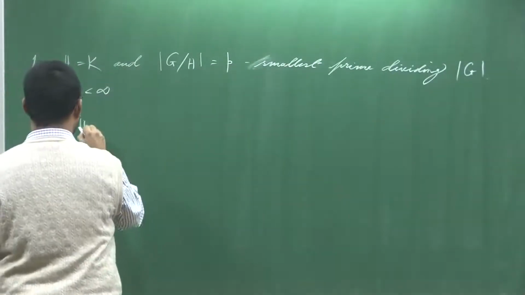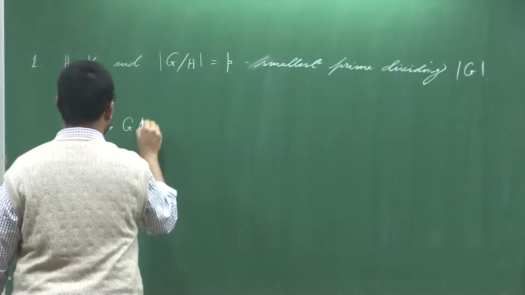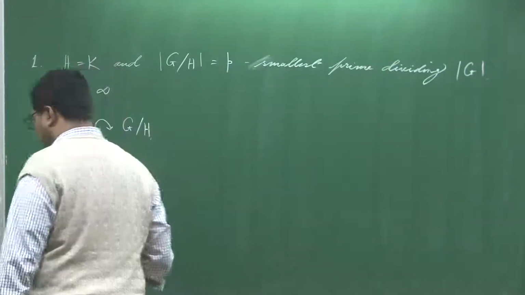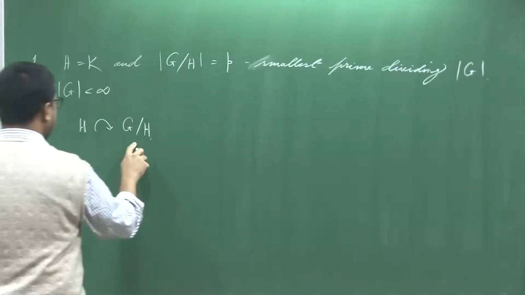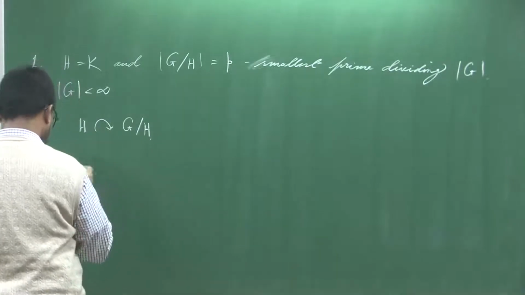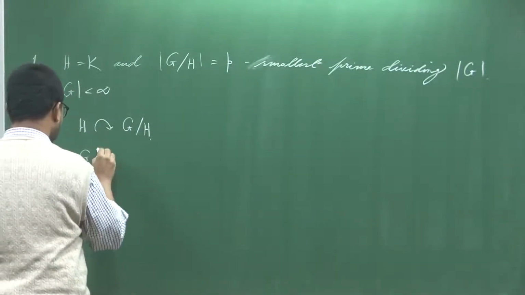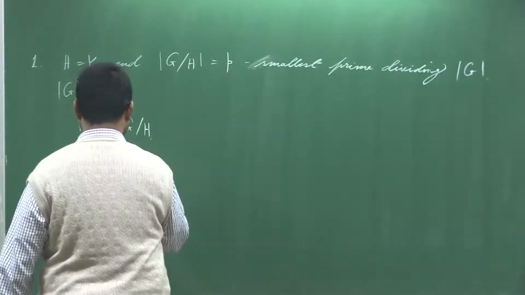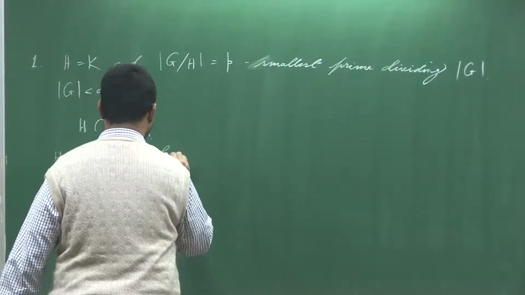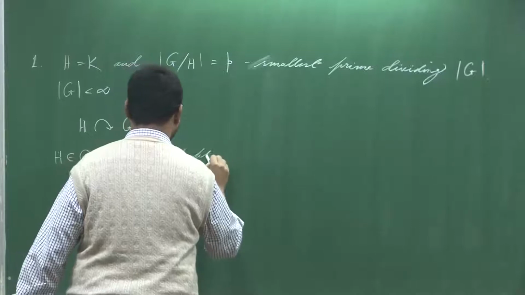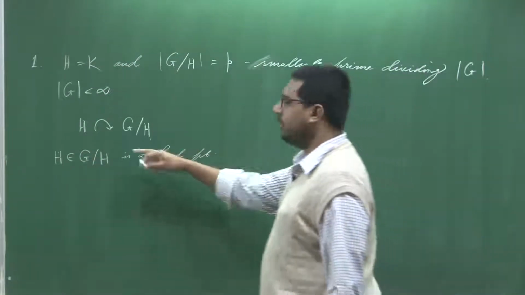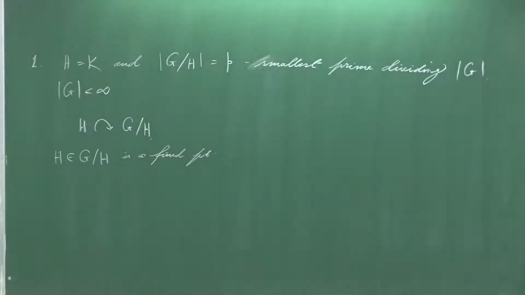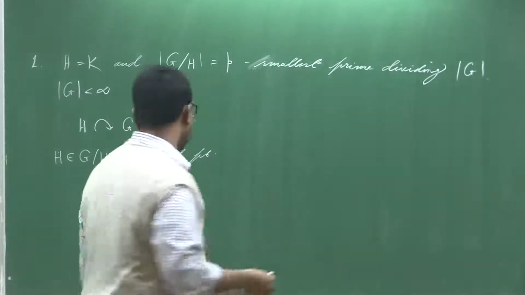Then we consider the action of H on G modulo H itself. What happens to this action? The coset H is a fixed point under this action, and therefore this action cannot be transitive. What about any other non-trivial orbit?